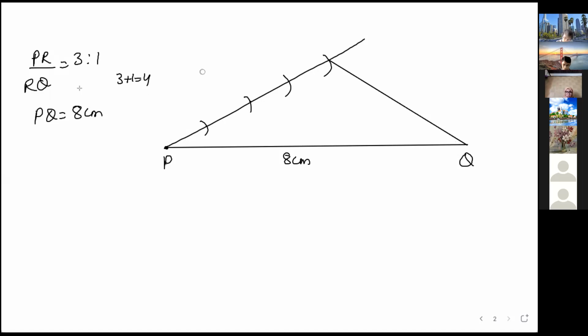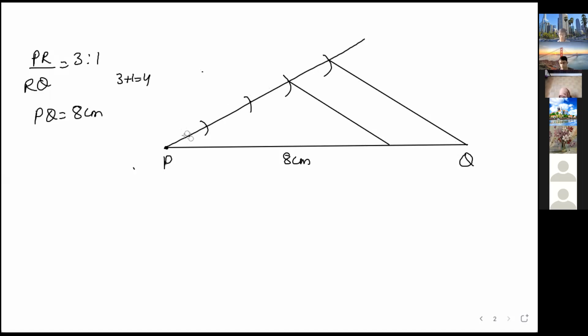Yes, ma'am, on compass, which measurement should we take? Take any 2 centimeters, any measurement, but it should be the same. You don't change the compass. Once you have taken a particular measurement, all the measurements from here should be the same. We are using a compass so that all these measurements are the same, right?